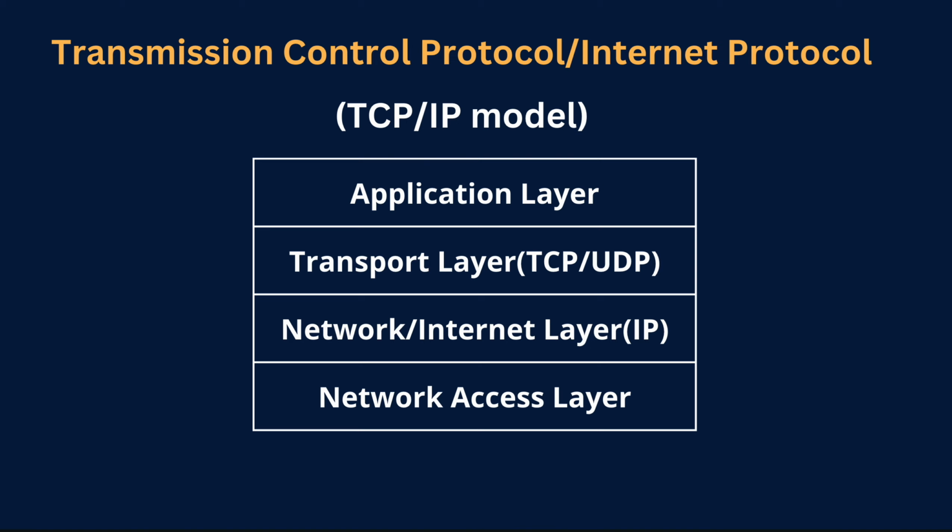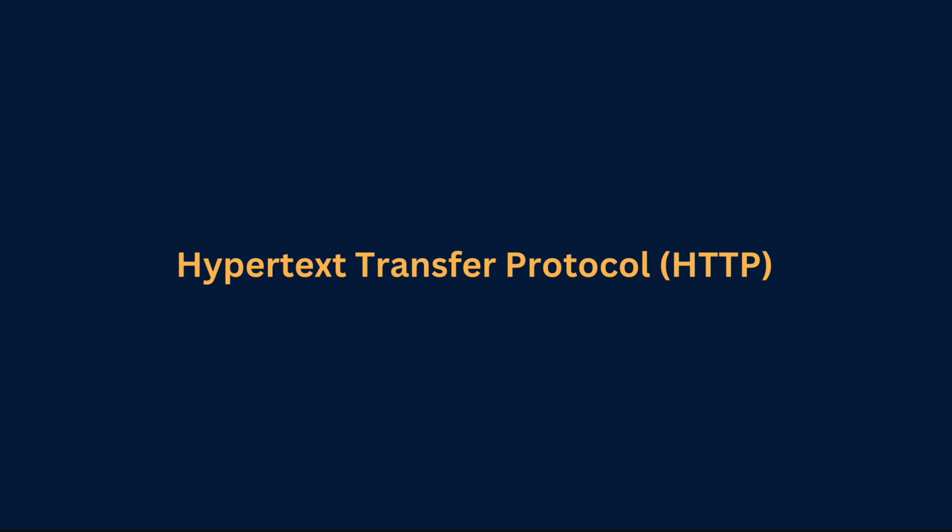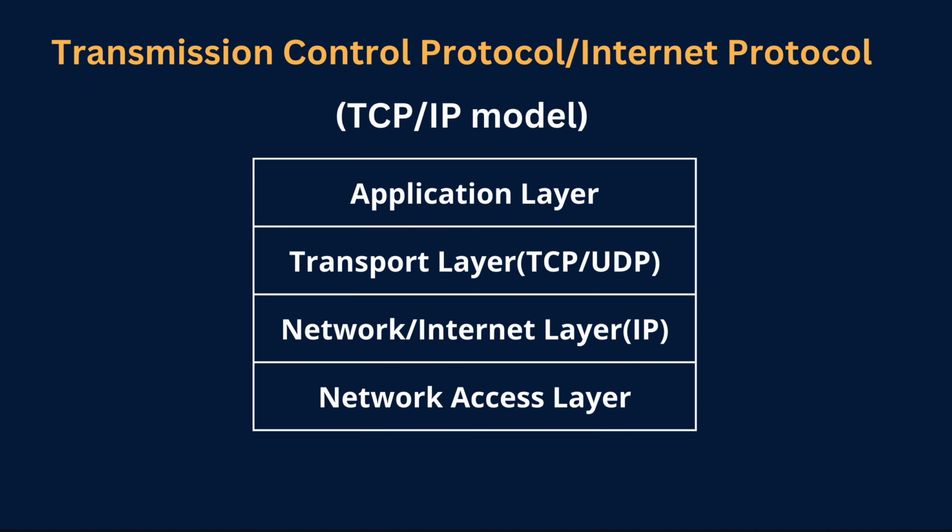Why am I discussing these layers? Because we are studying the HTTP protocol, right? And the HTTP protocol lies in the application layer. Where does the HTTP protocol lie? At which layer?